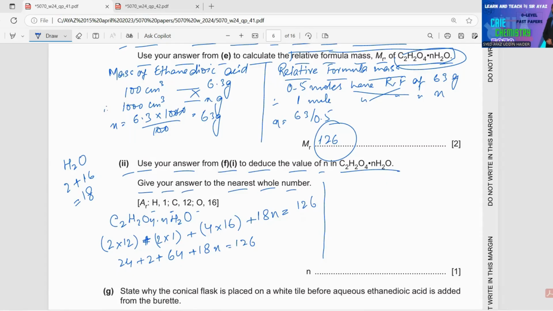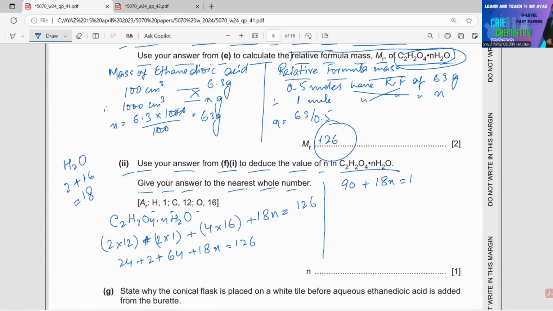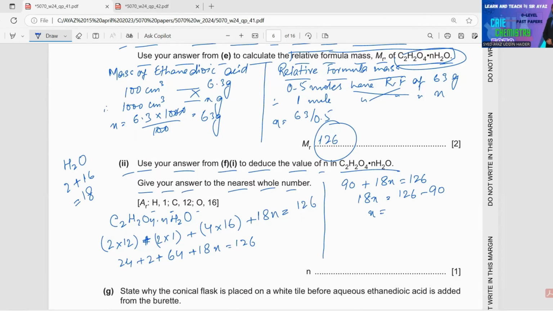24 plus 2 plus 64 is 90. 90 plus 18n is equal to 126, or 18n is equal to 126 minus 90. So n is equal to 36 divided by 18.